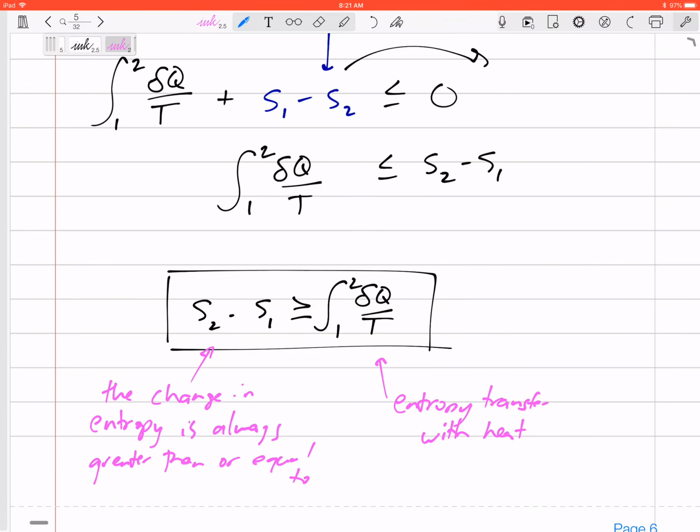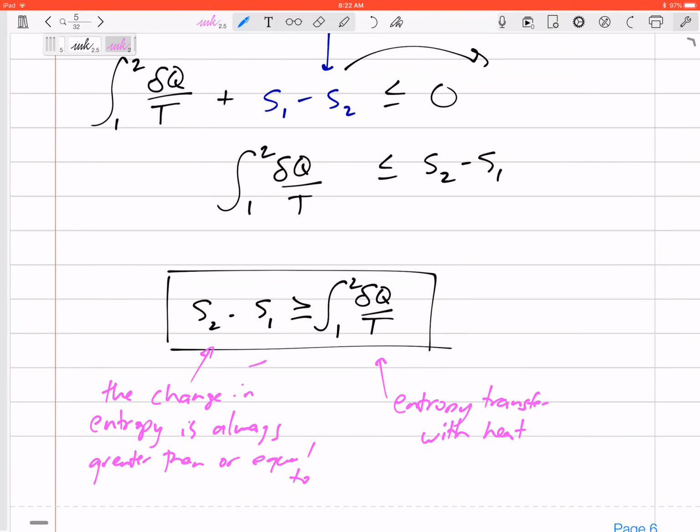So this is the change in heat transfer, delta Q over T, the entropy that is transferred due to heat, or the entropy that is transferred as the heat is transferred.